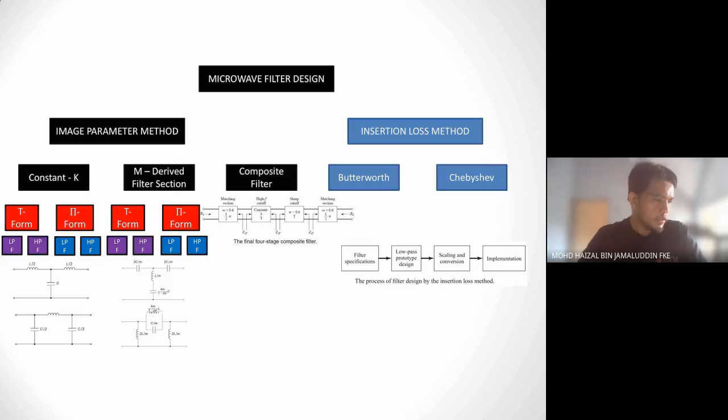We have discussed in the previous sections that the image parameter method has constant K, M-derived filter section, and composite filter. Today we will go through the insertion loss method, which uses either Butterworth or Chebyshev. We will discuss in detail this insertion loss method, which is basically suitable for high frequency application.